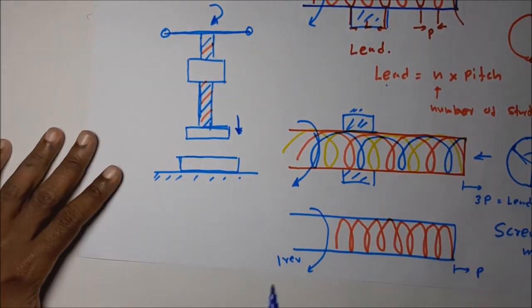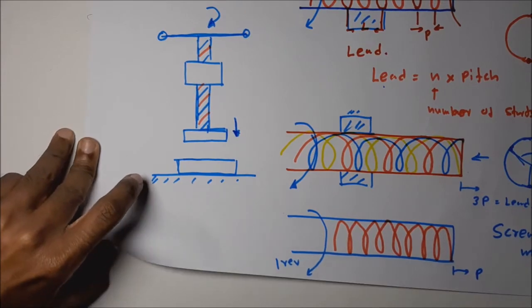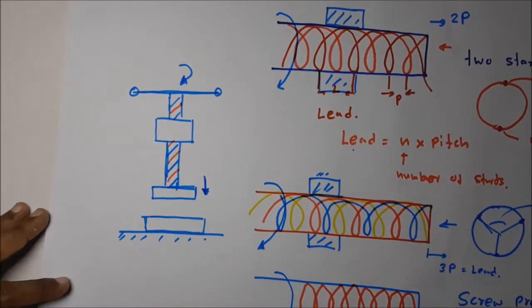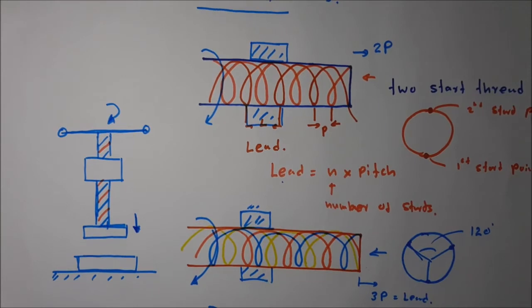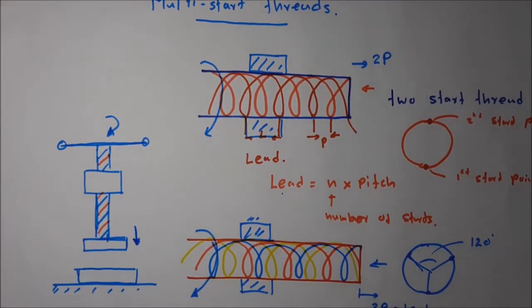This is one of the very good examples of the use of the multi-star thread, and also various rotary to linear drivers use the multi-star thread in situations where we need higher linear movement with fewer revolutions.